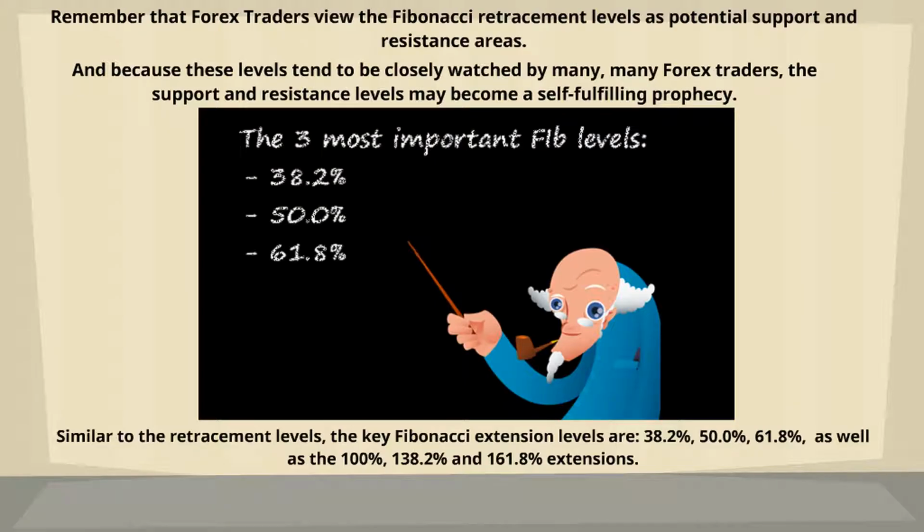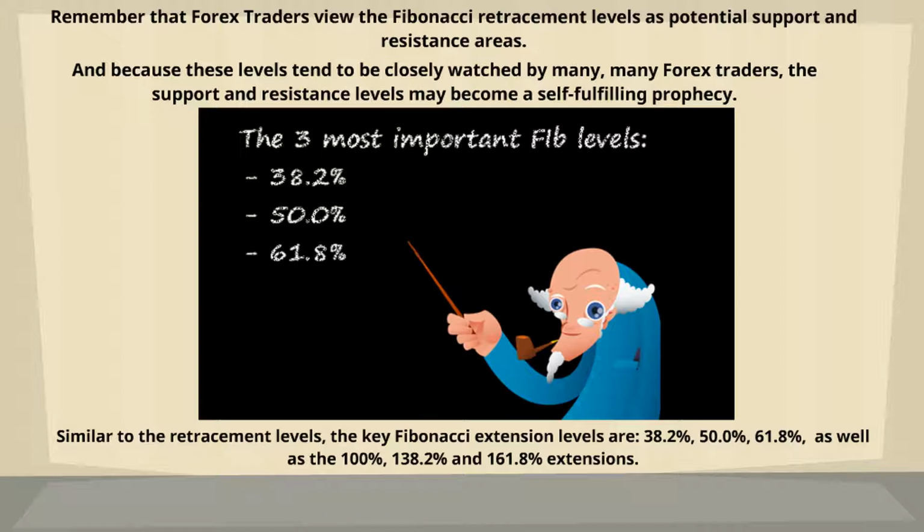Remember that Forex traders view the Fibonacci retracement levels as potential support and resistance areas. And because these levels tend to be closely watched by many Forex traders, the support and resistance levels may become a self-fulfilling prophecy.